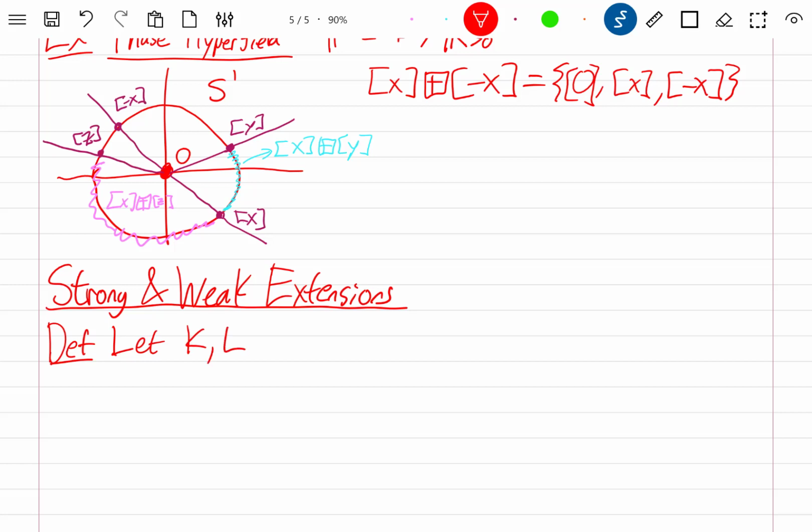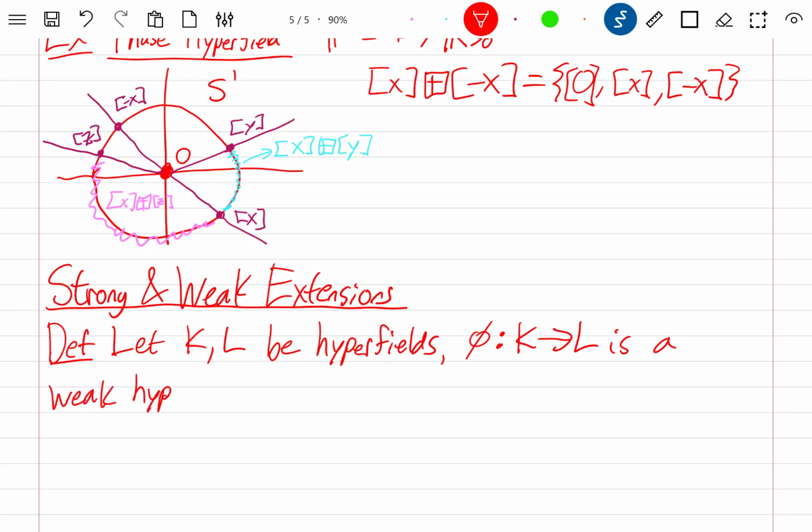let K and L be hyperfields. And I will use subscripts to denote where addition and multiplication lie. So we say a function phi from K to L is a weak hyperfield homomorphism if it satisfies the following.